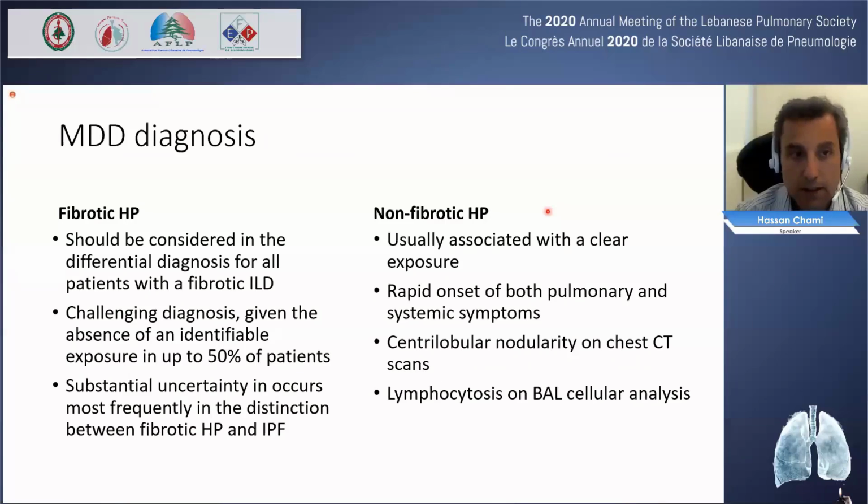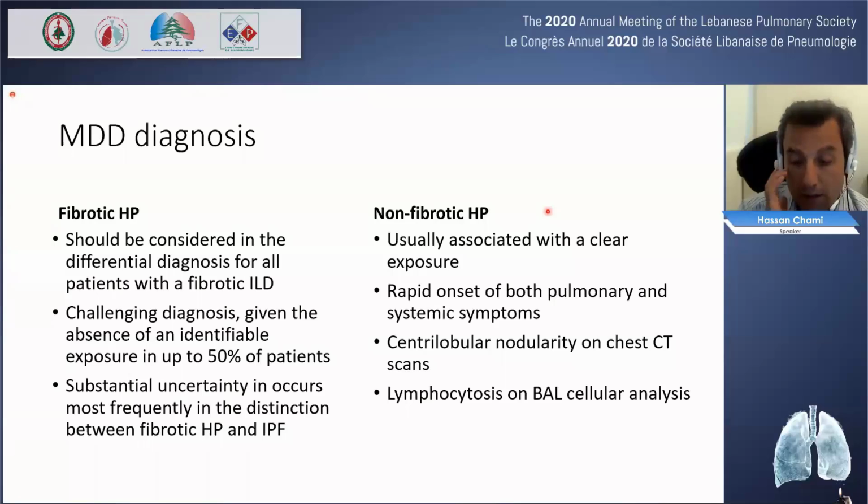So again, MD diagnosis is very important, and HP should be considered in all patients with fibrotic interstitial lung disease. The diagnosis is challenging, especially when the inciting agent is not identified, and there's also a substantial uncertainty with diagnosing HP in the setting of fibrosis that may look like IPF.